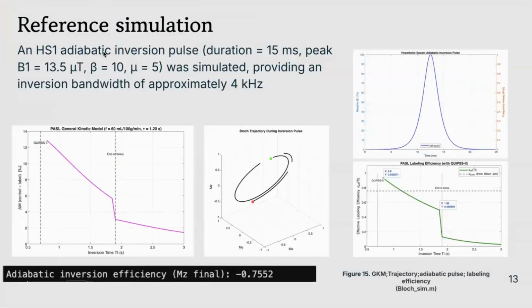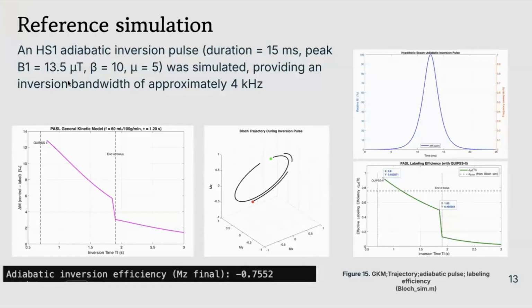Okay, so we did another Bloch simulation with focus on the Bloch trajectory, the PASL labeling efficiency, and the PASL general kinetic model. So the general kinetic model here is the perfusion weighted signal delta M, which represents the arterial transit time and a lot of other design parameters that show the cerebral blood flow.